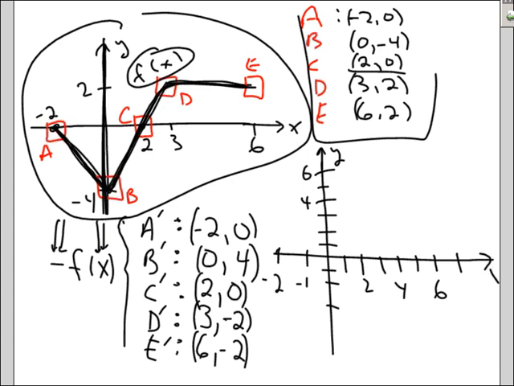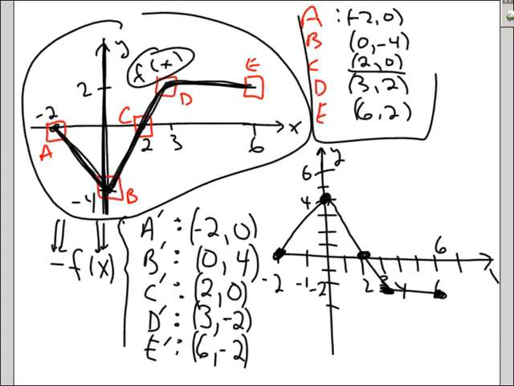Negative 2, 0 is right there. 0, 4, right here. 2, 0, right there. 3, negative 2, right there. 6, negative 2, right here. Boom, boom, boom. There's my graph.